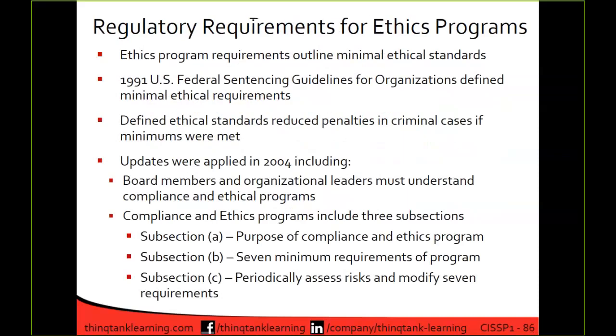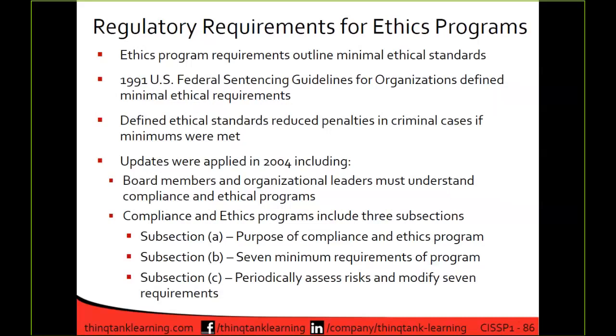So ethics in general apply to these principles, right? Ethics program requirements outline minimal ethical standards that an individual should partake in to ensure that they're meeting these regulations. In 1991, the U.S. Federal Sentencing Guidelines for Organizations defined minimal ethical requirements for those organizations as well.